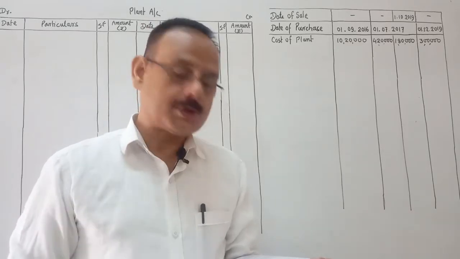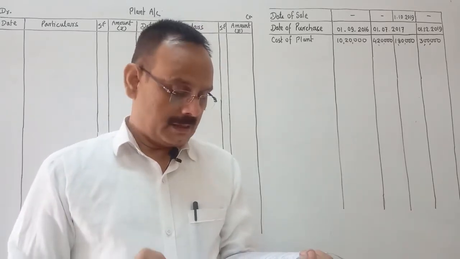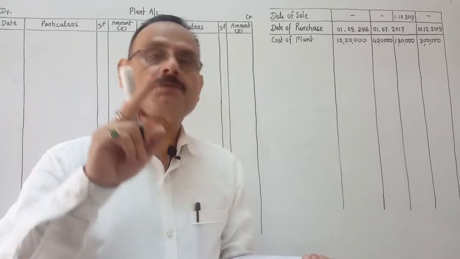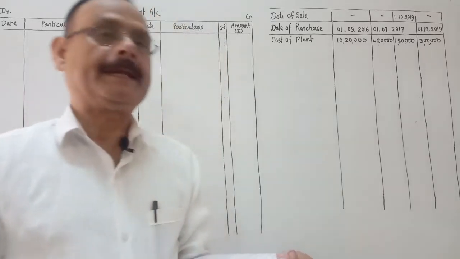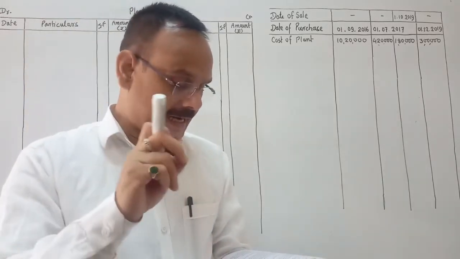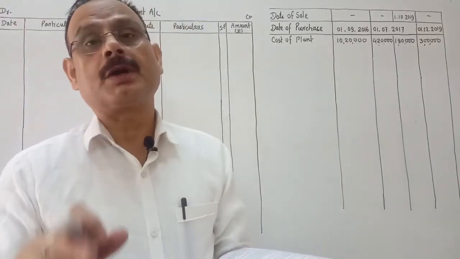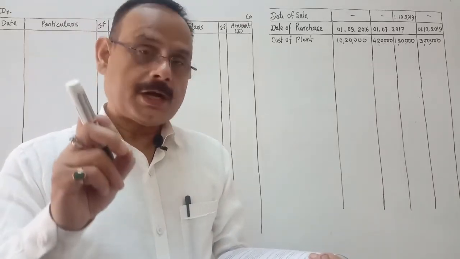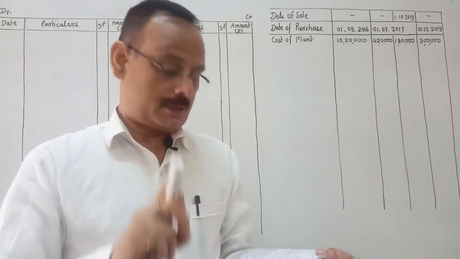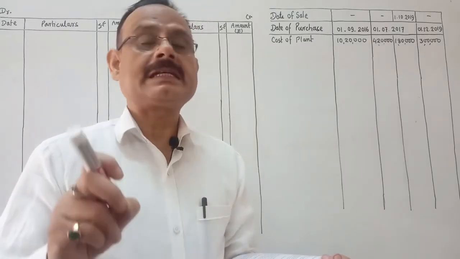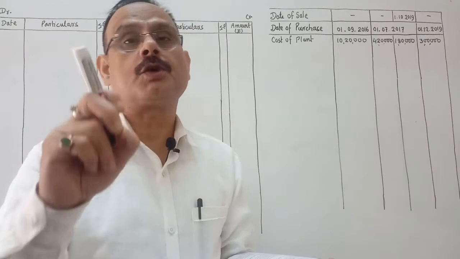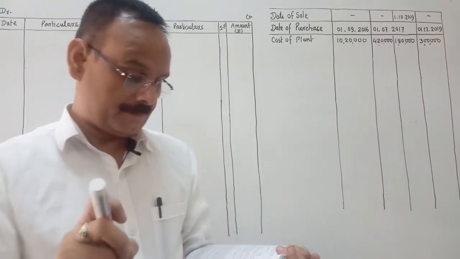On 1st October 2019, a part of second plant purchased on 1st July 2017 for rupees 1,80,000 was sold for rupees 1,10,000. Which plant was sold? The second plant, purchased on 1st July 2017, was sold on 1st October 2019.